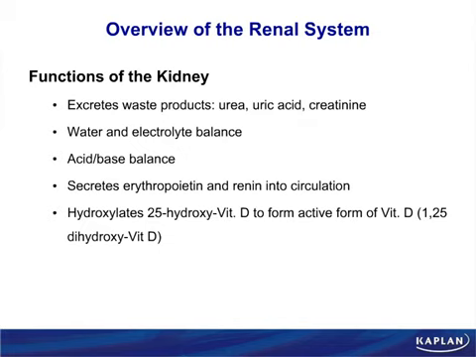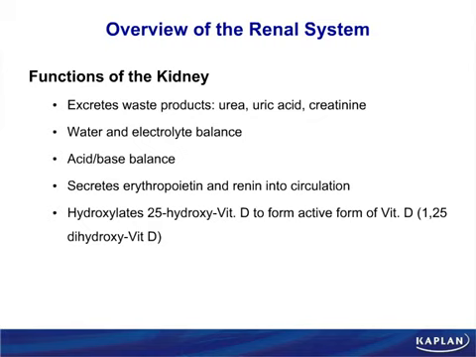The kidneys excrete waste products such as urea, uric acid, and creatinine. The kidneys are responsible for water and electrolyte balance, and this is a very important function that we are going to continue to refer to. The kidneys are responsible for acid-base balance.